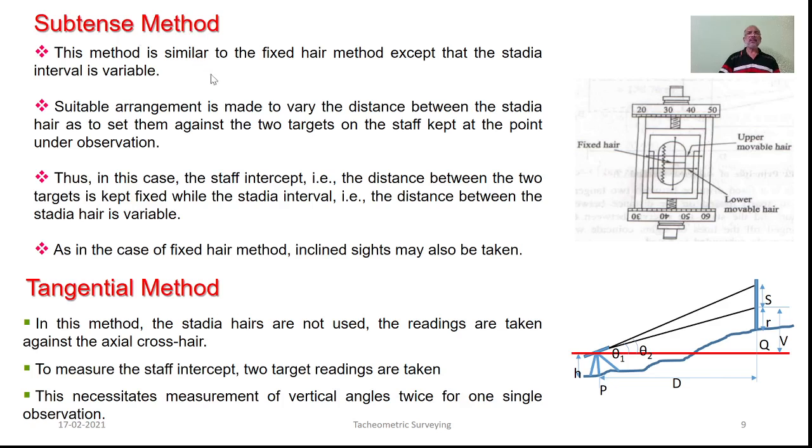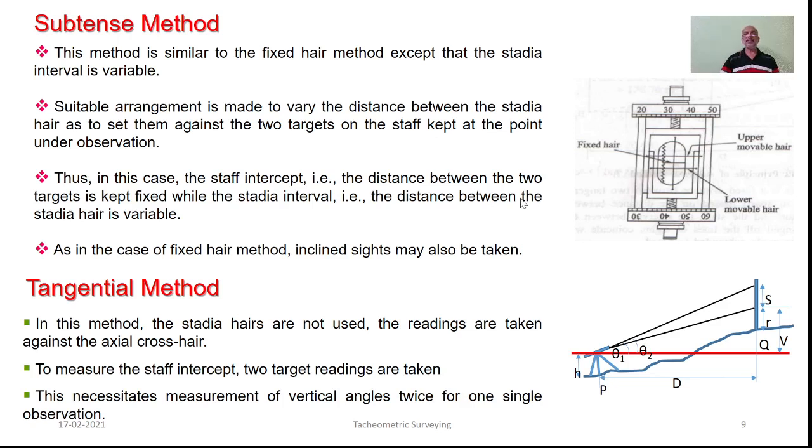This method is very similar to this particular fixed hair method. However, here the stadia interval is not constant, but it could be variable. The way you see here, such kind of arrangement is made available to vary the distance between the upper stadia as well as lower stadia in order to have the observations corresponding to the position of the targets provided on the staff.